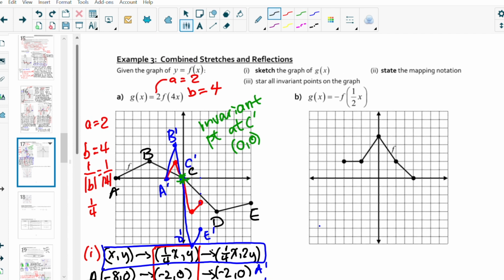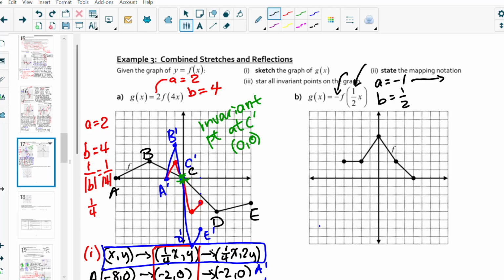Okay, that point does not move through any of our transformations. All right, letter B. I have g of x equals negative f of 1/2 x. So let's do this one by one here. That is an a value equal to negative 1. I have a b value equal to 1/2. So this is all y values multiplied by negative 1.